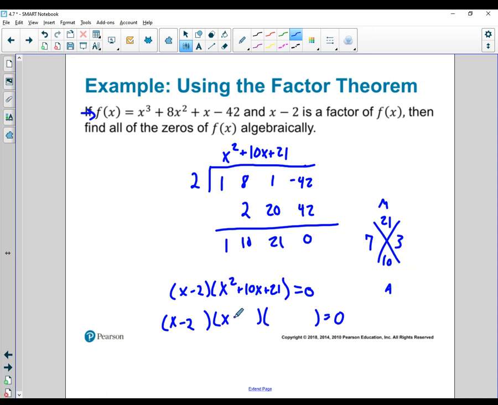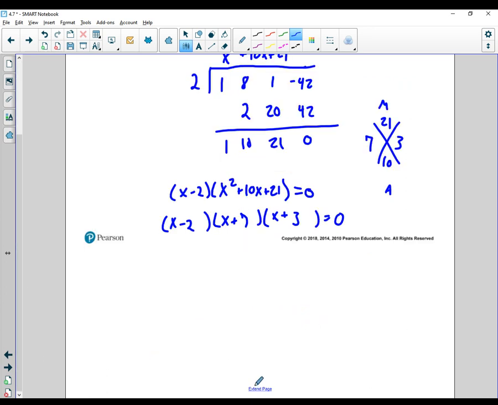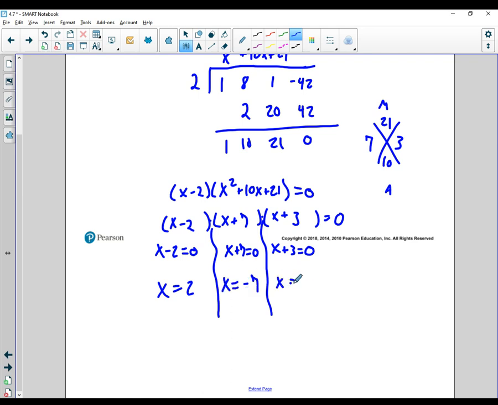So we're going to get x plus 7, x plus 3. And then from here, wherever you see multiplication, split it up, set them all equal to 0, and then add the 2 over, subtract the 7 over, subtract the 3 over, and those are our 3 roots, or the 3 zeros.